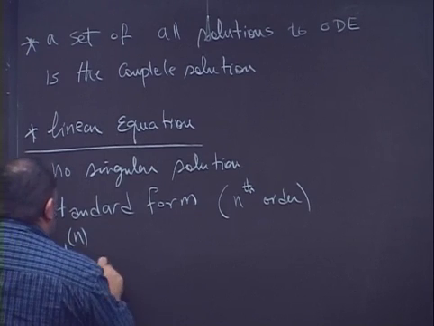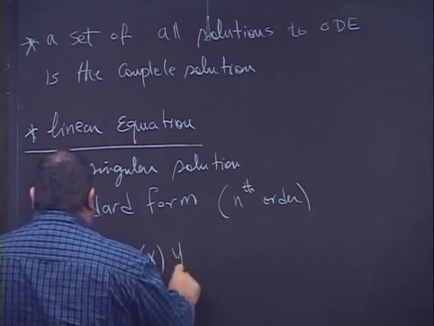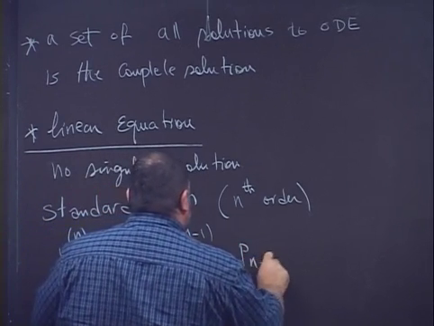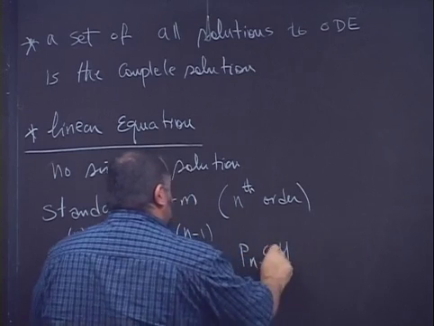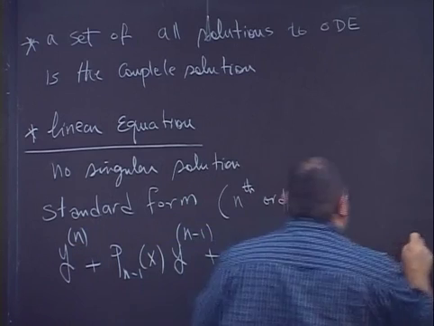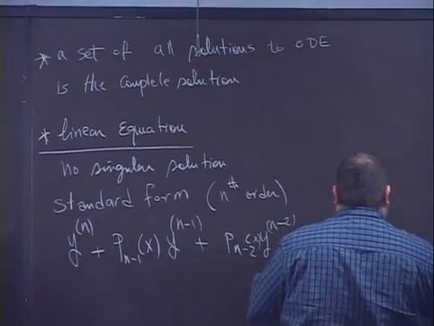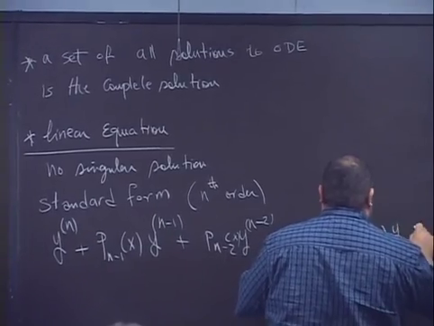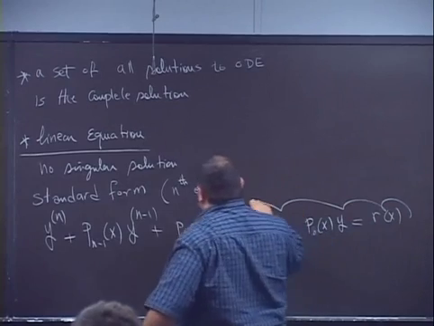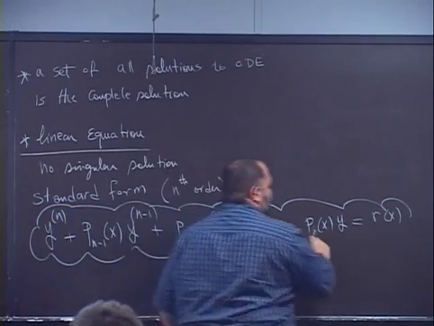So y^(n) plus p_(n-1)(x) y^(n-1) plus p_(n-2)(x) y^(n-2) plus ... plus p_0(x) y equal to a function r(x).